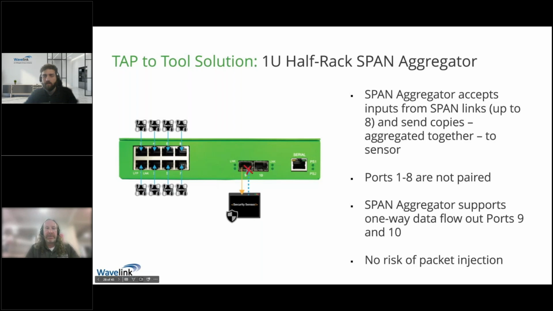So if your security sensor maybe only has one input port on it, now you actually can take 8 spans and send it to one sensor versus having 8 sensors, one per span port. So it's a great way to simplify your deployment, secure your deployment, and take away some of that risk of using the span ports.